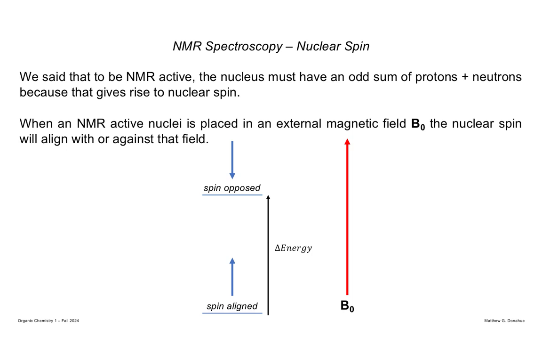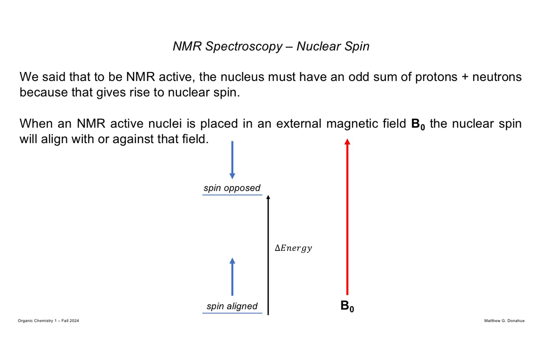And when you put your sample in there, the nuclei, as shown by this blue vector here, will either align with that field or they'll be spin opposed. And so the difference between those two is the energy state. And we talked about the operating frequency of the instrument. That basically relates to this value here.